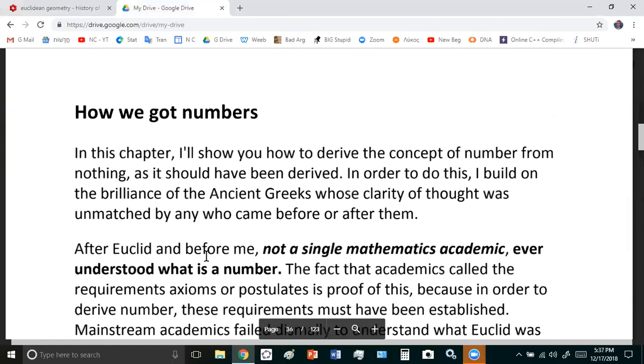For example, you can derive numbers only from the use of the first two requirements. That is, how to draw a straight line and the fact that you can extend it or shorten it indefinitely. Okay? So I hope I've given you some more things to think about.